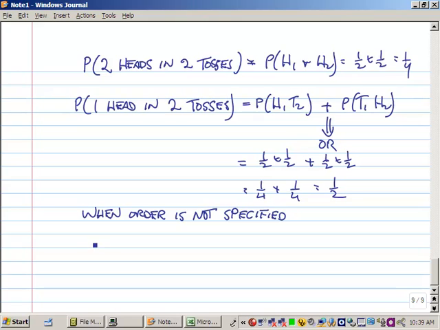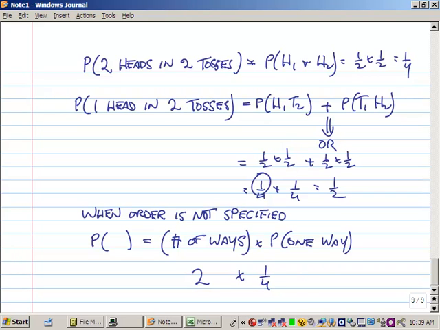When the order is not specified, the probability of such an event we do as follows: the number of ways in which we can get, say, 1 head in 2 tosses, there are 2 ways, times the probability of 1 way. And I'll take a few different examples. Probability of 1 way is a quarter. And so we have the answer a half again.